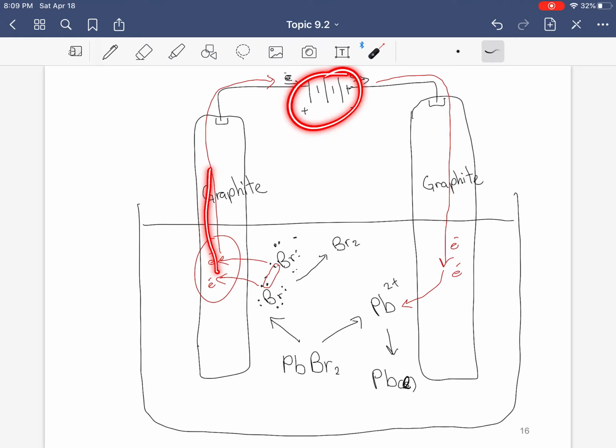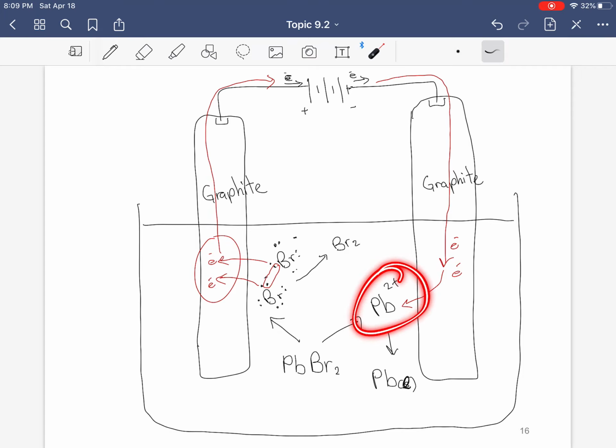These 2 electrons, with the power of the battery, will get pumped into the other side of the graphite electrode. And on the other side, lead picks them up to become liquid lead. This will continue and continue until, of course, the concentration of lead bromide is low enough, or the battery runs out of power.